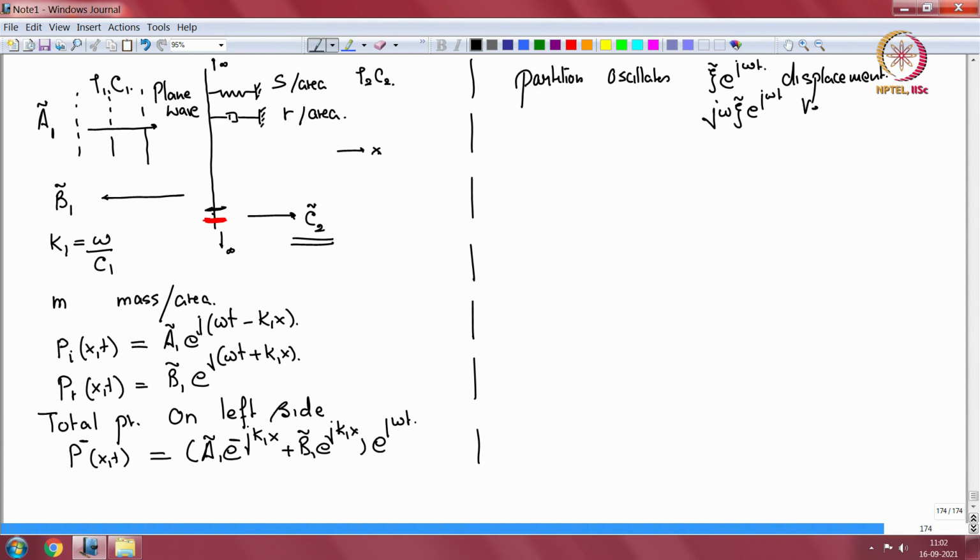That is the velocity. So at x equal to 0, this is my x as I said, at x equal to 0 where the partition is, if I use my Euler equation, what do I get? Del P minus by del x is equal to minus j omega rho 1 into velocity, which is j omega xi e to the power of j omega t.